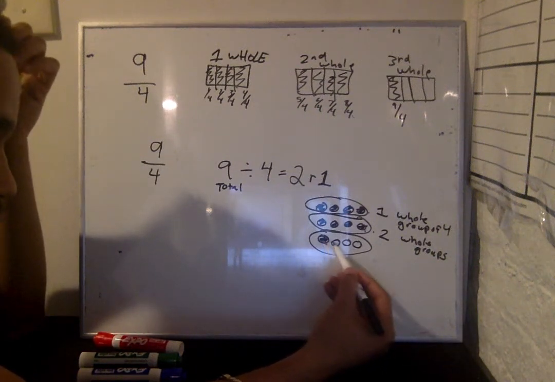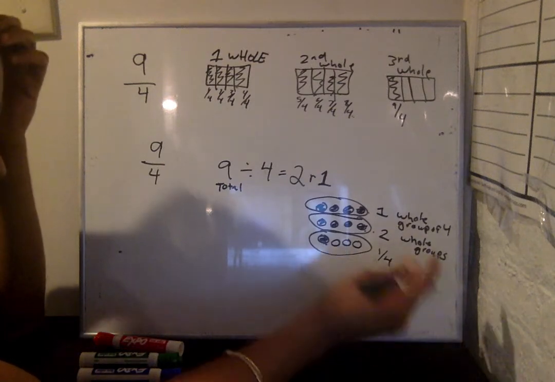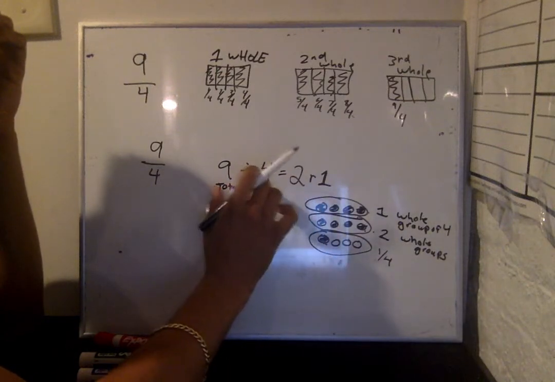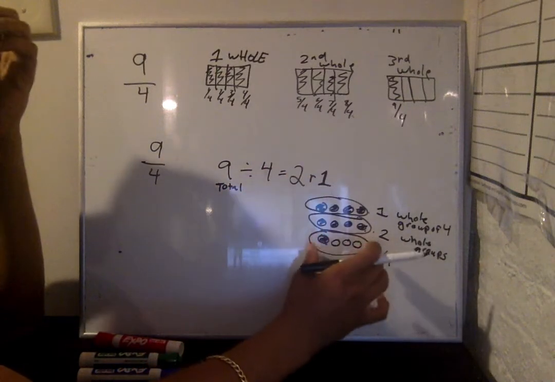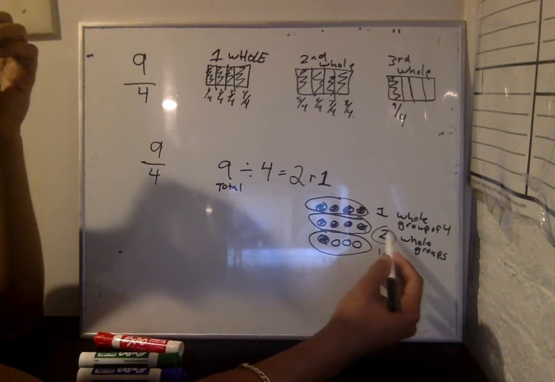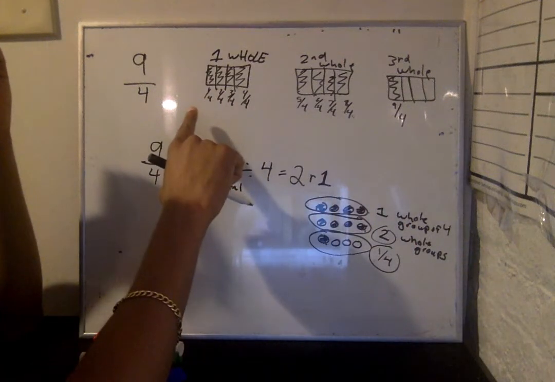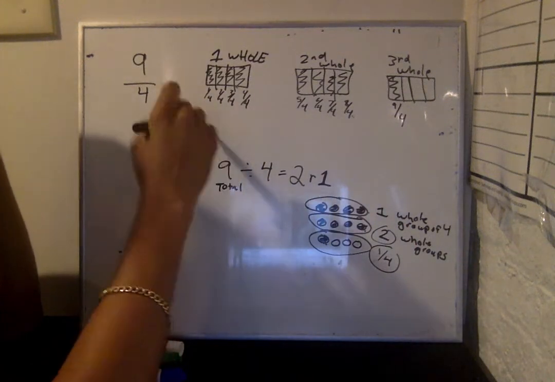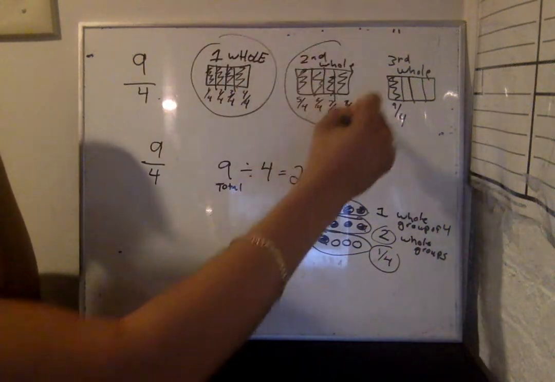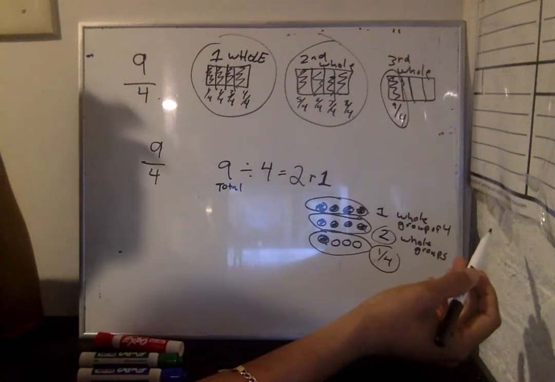I only have 1 out of 4. So this is actually 1/4 left. And it'll change with whatever the division equation is, but it's excellent to draw it out. Now, I have 2 wholes and 1/4. When I look up here to my improper fraction, 9/4 is the same as 2 wholes and 1/4.